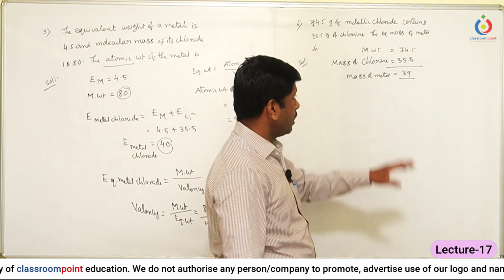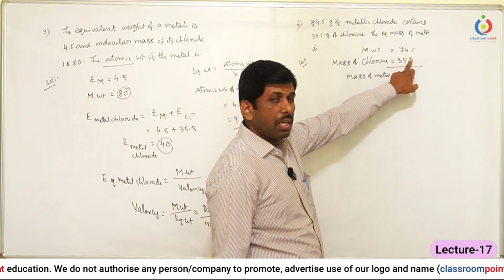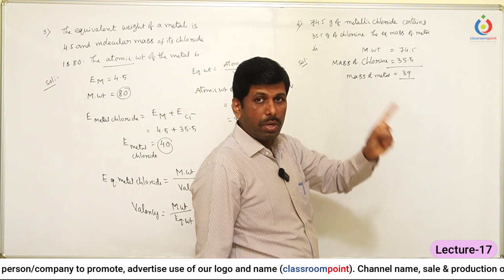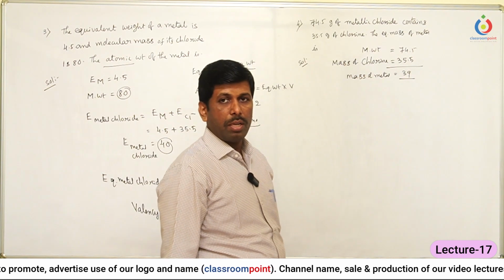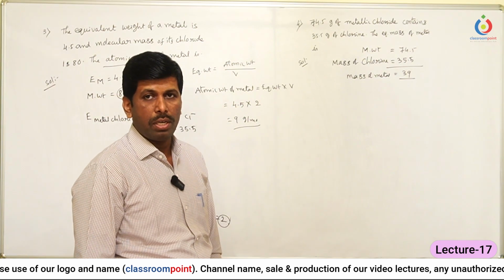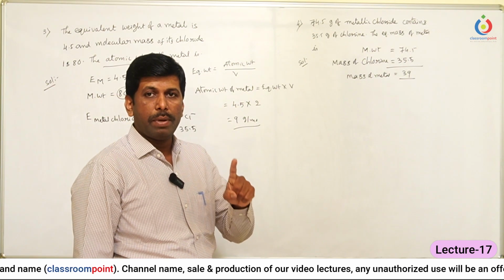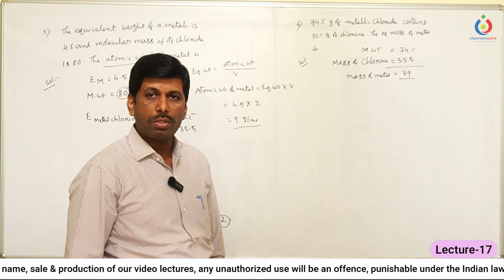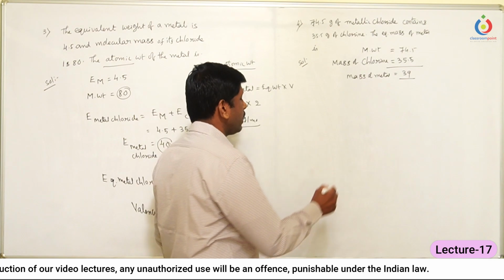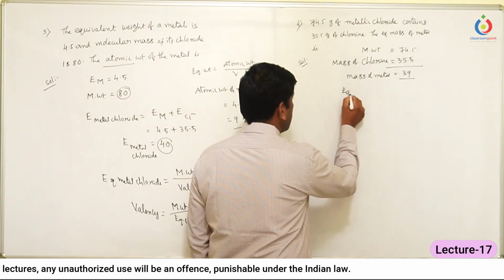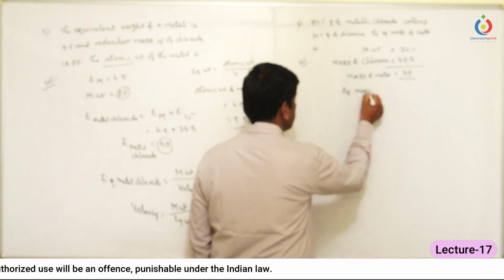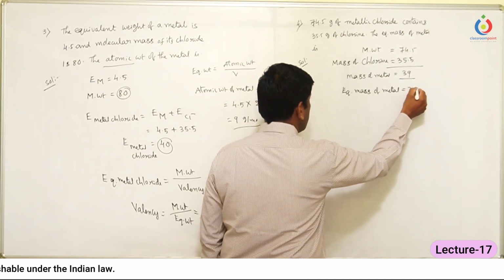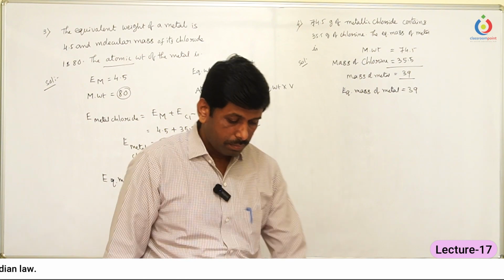And remember, that means 35.5 grams of chlorine reacts with 39 grams of the metal. You have to remember one more thing, that 35.5 grams is the equivalent mass of chlorine. So one equivalent mass combines with one equivalent mass. That means the equivalent mass of the metal is also equal to 39 grams. So here we can write that the equivalent mass of metal is equal to 39.